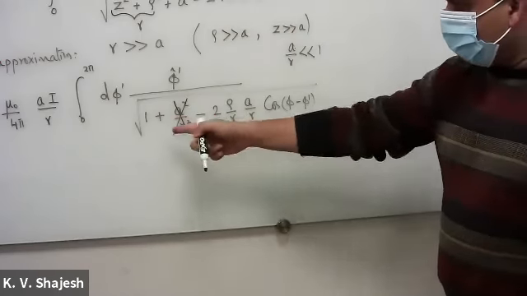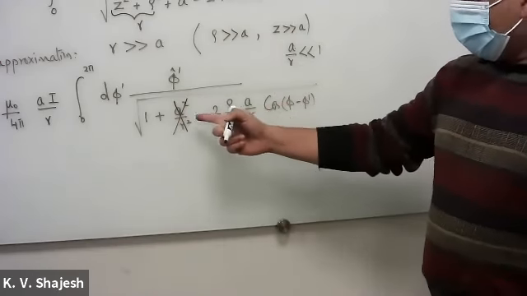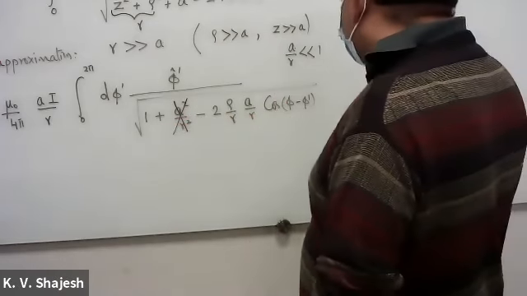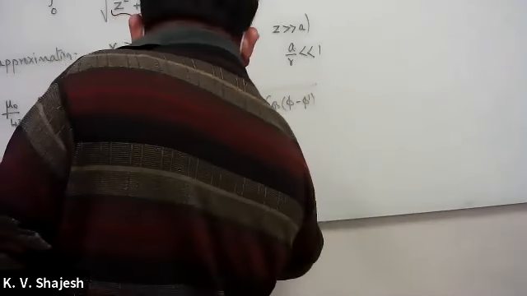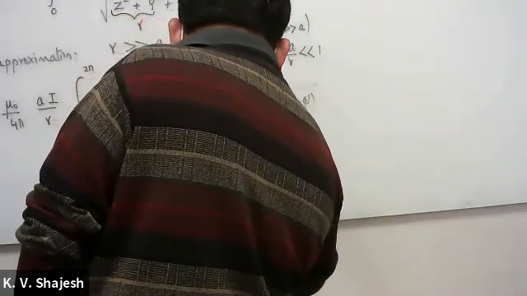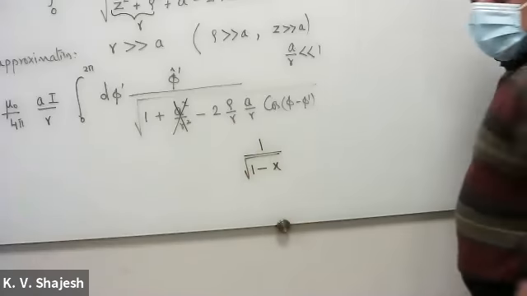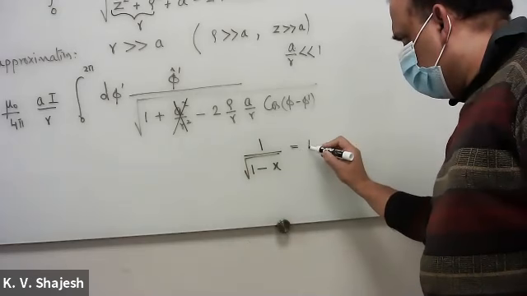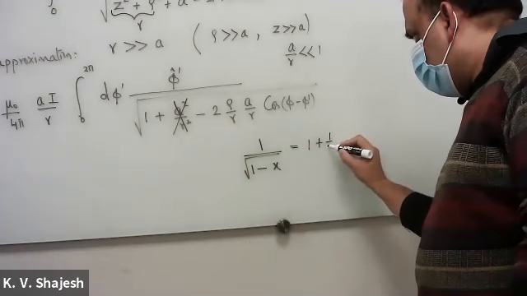Still, I have this integral to do, and it's not sufficient. But if I'm saying that this is small and I'm dropping this, why not expand the square root function also? So 1 over 1 minus a small quantity x is equal to 1 plus 1 by 2 x.